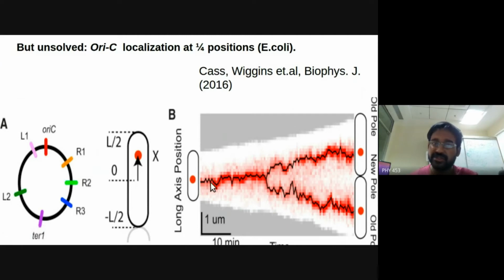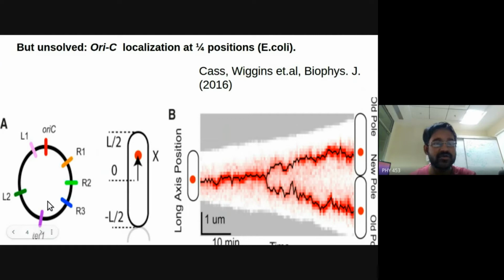The initial ODC branches out from the mid cell position, then it gets replicated, and the two ODCs move to the quarter positions along the cell long axis. I'm pointing to the mid cell position, and the two ODCs eventually move to the quarters, again with respect to the cell long axis.